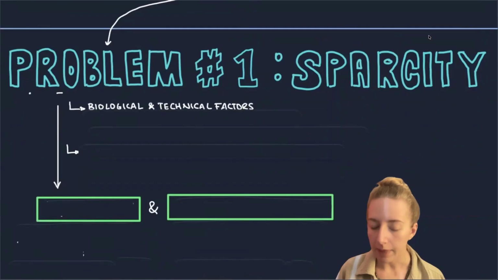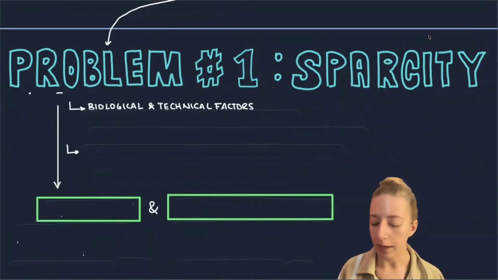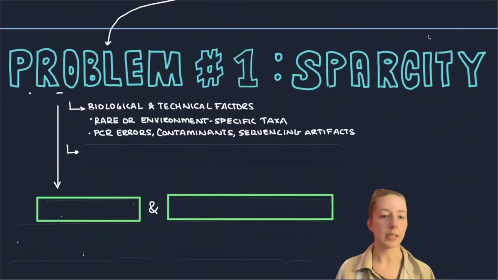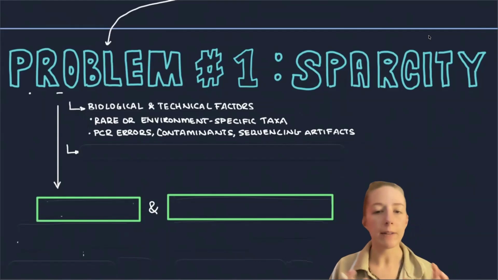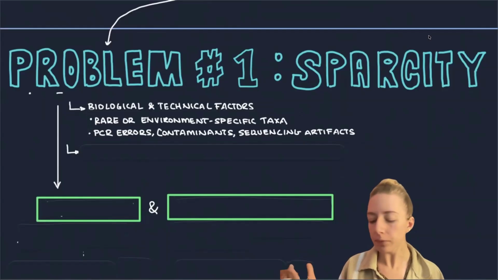And that arises out of various biological and technical factors, but it's mostly because there are many rare or environmentally specific taxa only found, let's say, or only detected in certain samples and not in others.